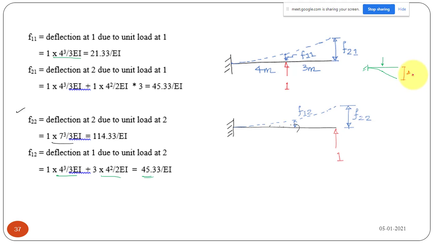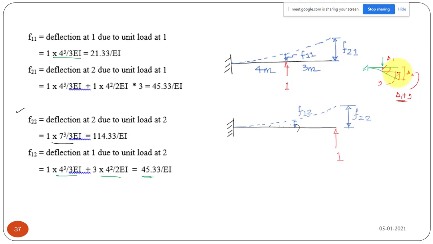Delta 1 is 21.33, and delta 2 will be equal to delta 1 plus y, where y is a length we find from the angle using this triangle. That is what I have written here.